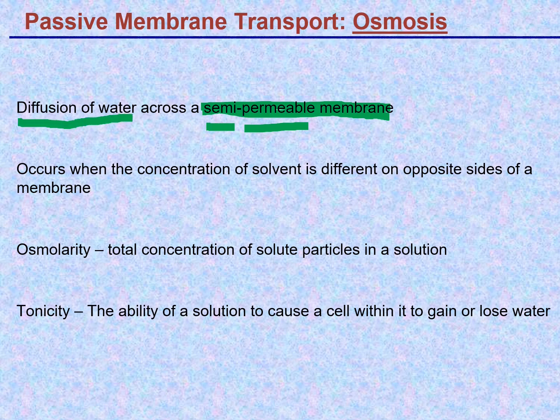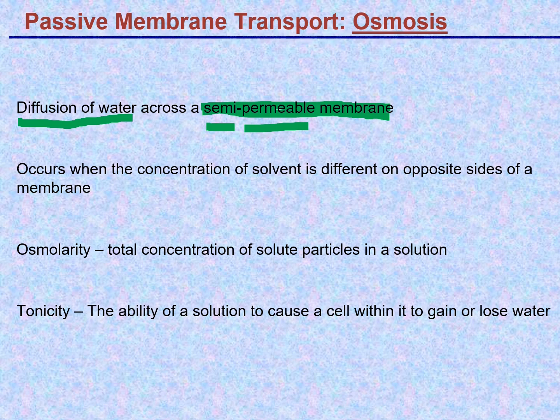The membrane does not stop it, but again it's concentration driven, in that if the concentration of the solvent, which in this case is water, is higher on the outside than the inside, then the water will move across. And this does happen, that you can have the concentration of water higher outside than inside. If the inside has more things dissolved in it, then water will tend to move across.